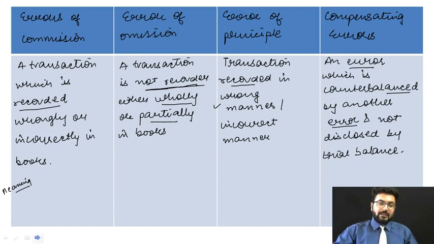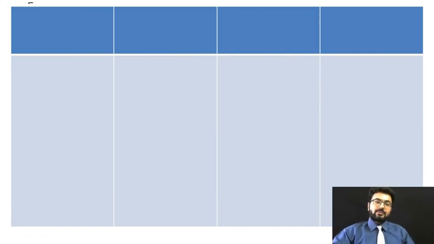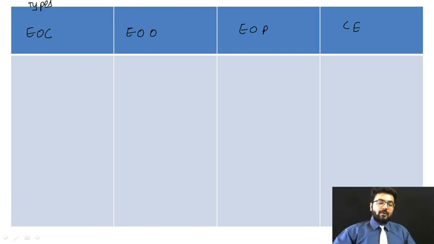Now moving on to next, talking about the types. When it talks about EOC, that means error of commission, error of omission, errors of principle, and compensating errors. So the very first thing is posting error.